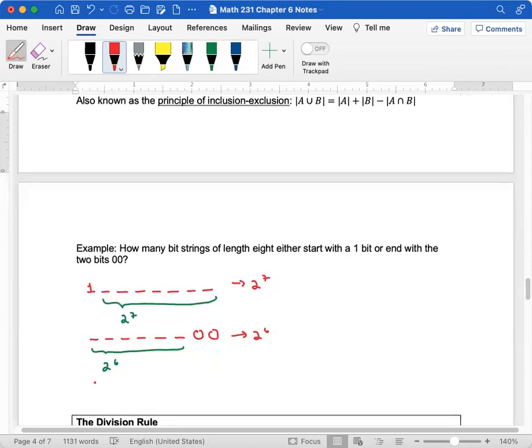So the ones that are being double counted are the ones that begin with 1 and then have 1, 2, 3, 4, 5 of them and then end with 0, 0. So that means we have, for right here, these empty spots, 2 to the 5 options there. And that is what has been counted 2 times.